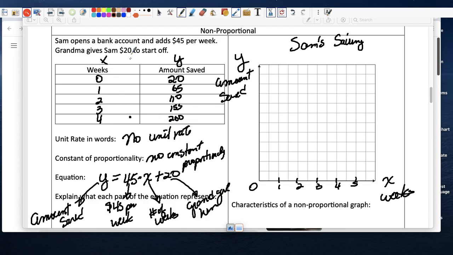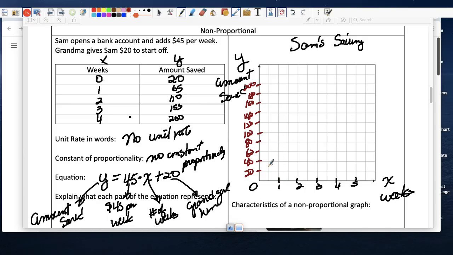Okay. Let's graph this and show you the difference. So again, here, let's go by 20s. 20, 40, 60, 80, 100, 120, 140, 160, 180. So I'll even put 200.